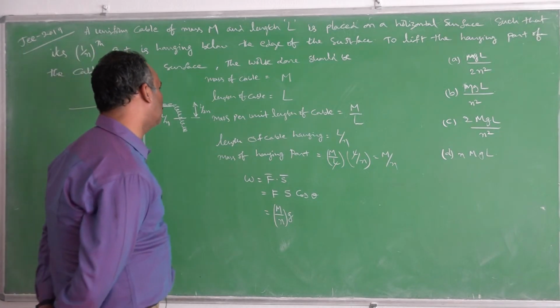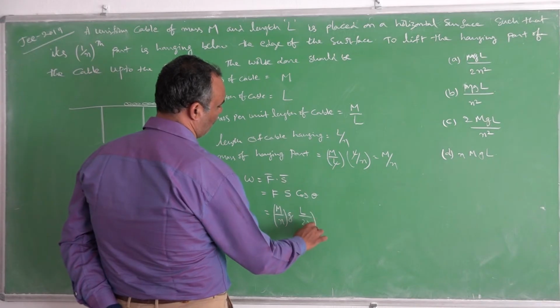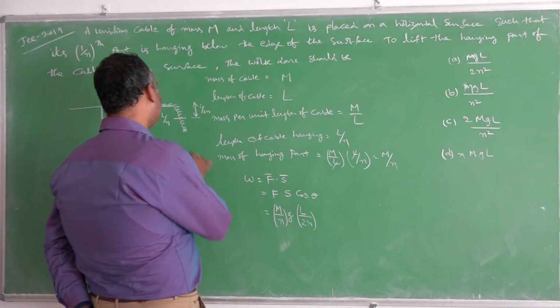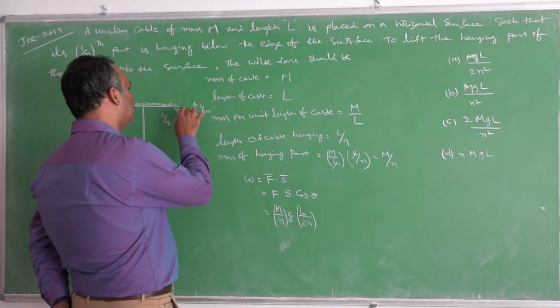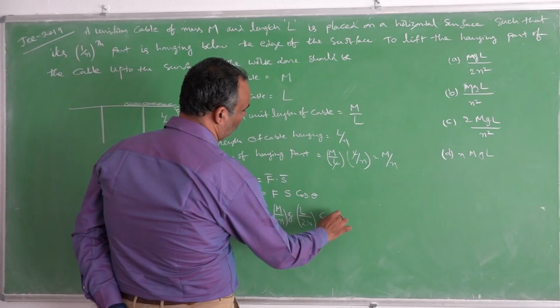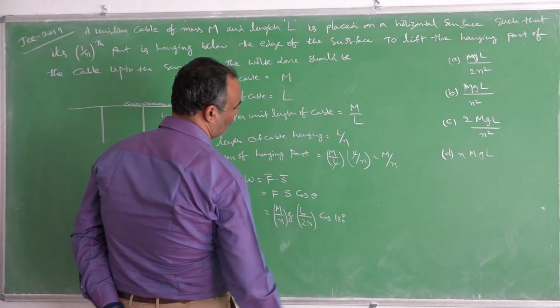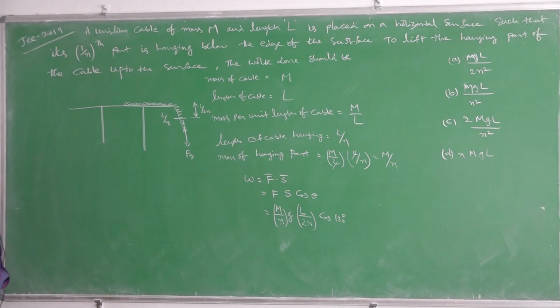Against this force, you need to provide a displacement L by 2N. So force is in the downward direction, nothing but gravitational force. The displacement is in the upward direction. So the angle between them is 180. Cos 180 is -1. Therefore here the work done is negative.